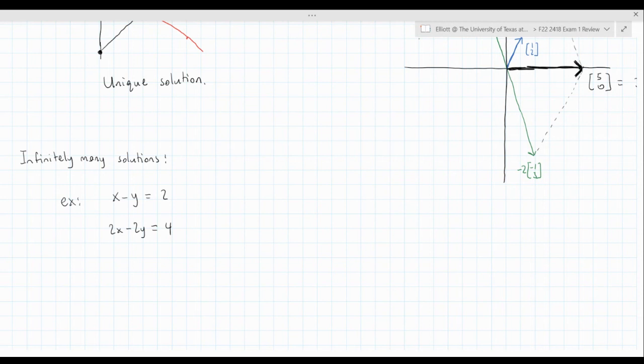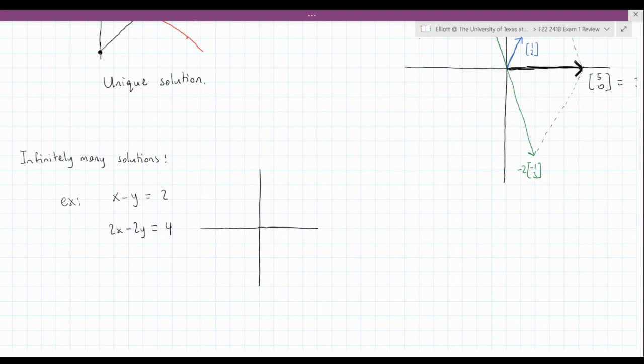So then because the second equation is just the first equation multiplied by 2, that means really these two equations are going to graph the same line. Okay. So what's kind of happening is this. If you were to draw the first line, it's y equals x minus 2. So the first line would look something like that.